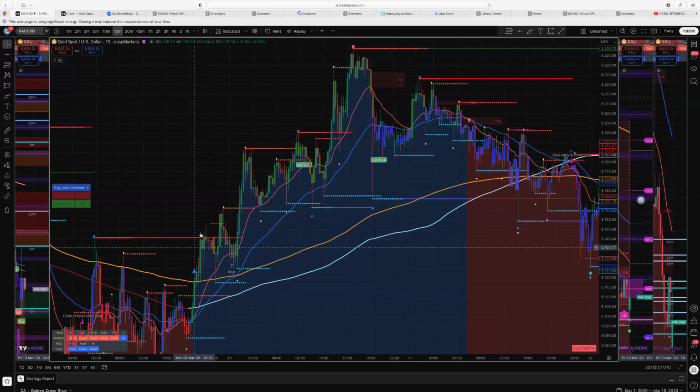Now just imagine it's about 150 quid in that trade. I don't know exactly how much it would be, but just think about it like that. Or maybe a 200 trade, depending on the lot size. There you go. We've just made that. We wait for the pullback, we get back in from here to here.